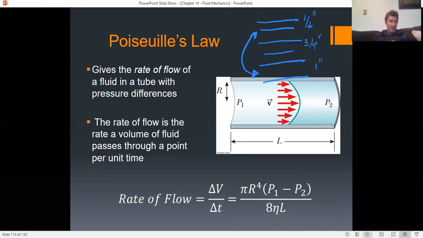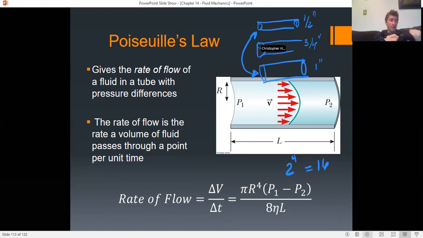No, no. Look at this, r to the fourth. If we take 2 and raise it to the fourth power, 2 times 2 is 4, 4 times 2 is 8, and 8 times 2 is 16. You get 16 times as much water through a 1 inch pipe than you get through a 1/2 inch pipe. Okay?